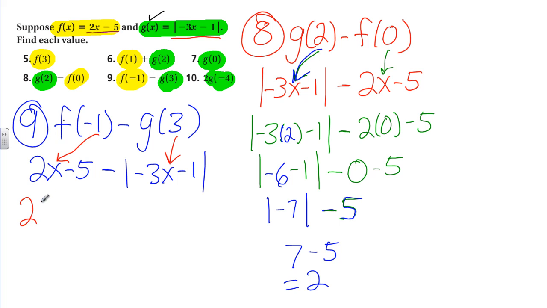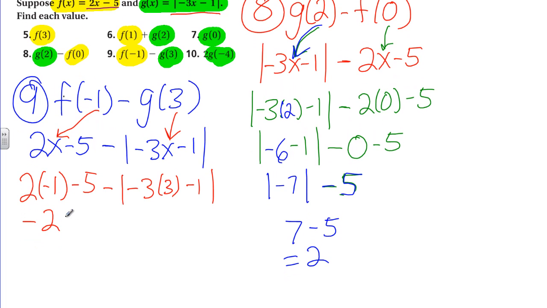So we have 2 times negative 1 minus 5. And then minus that by the absolute value of negative 3 times 3 minus 1. 2 times negative 1 equals negative 2. And minus 5. Minus the absolute value of negative 3 times 3 equals negative 9 minus 1.